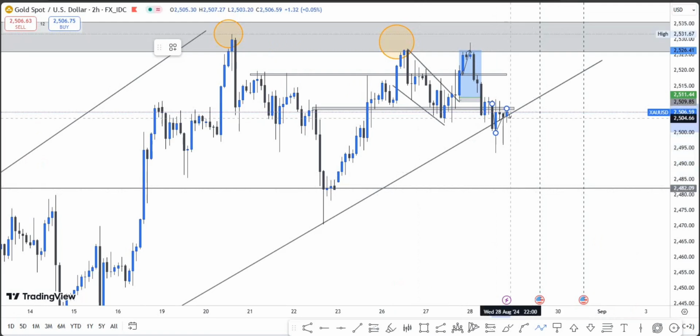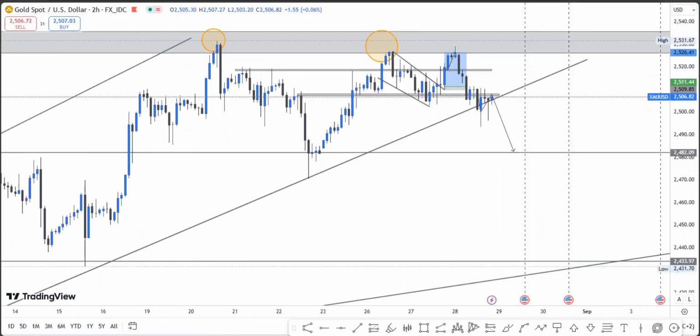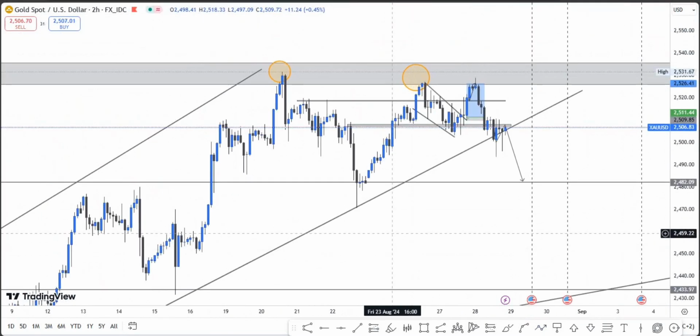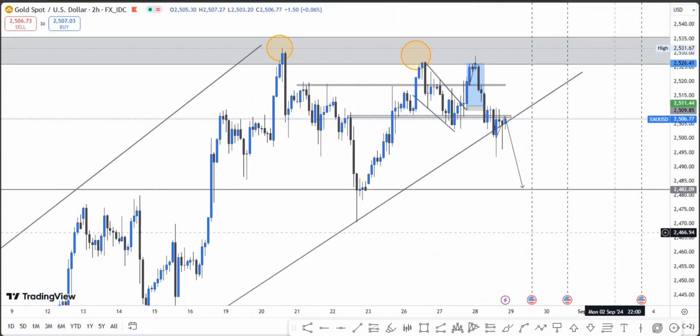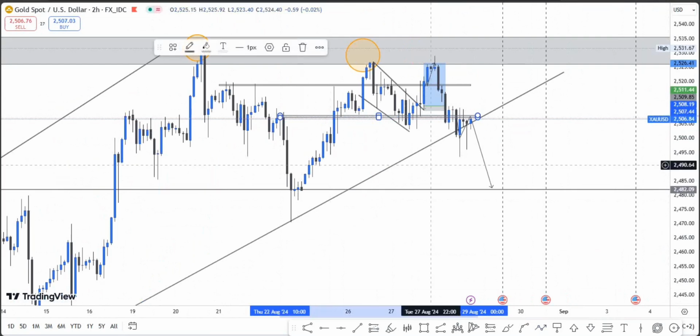For it to retest here, it has to retest here so it can break this trend line here. The trend line here has to be broken, because the market already broke this certain resistance at this certain point here.